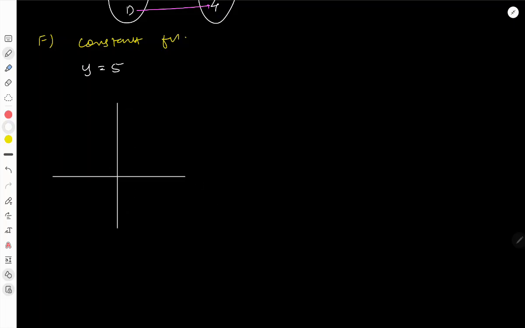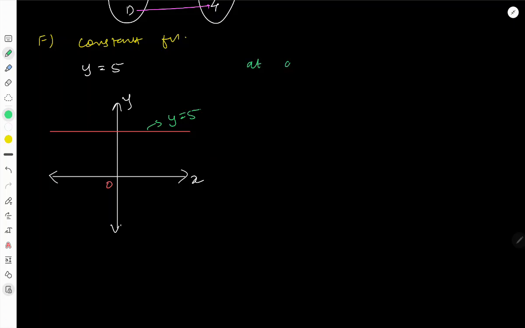and the line would be parallel to which axis? That is a very important thing to know. So the line y equal to 5 would be parallel to the x-axis. Sorry, this is the origin, this is the y-axis, the x-axis, and this is the line y equal to 5.